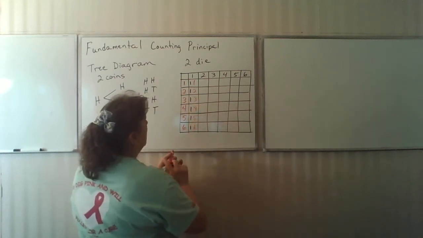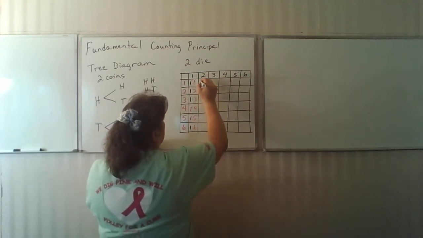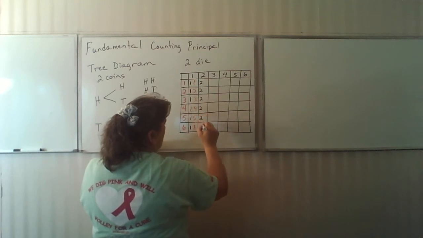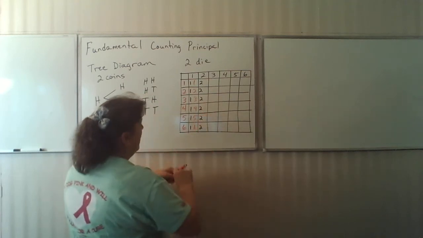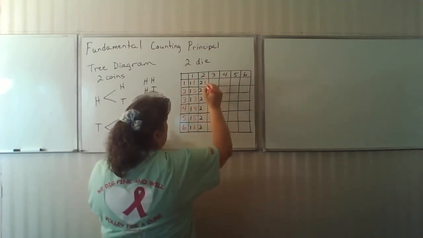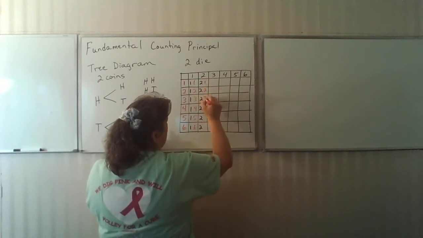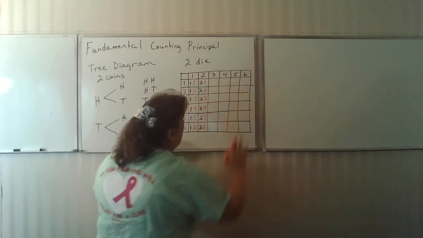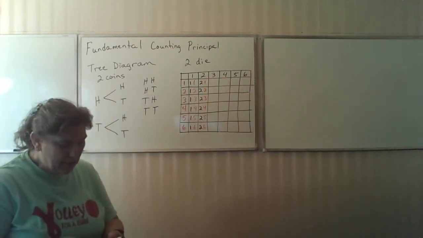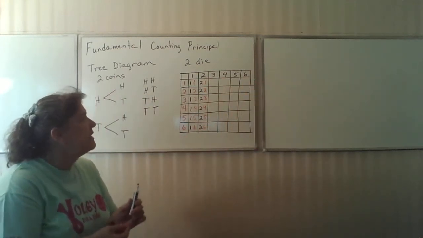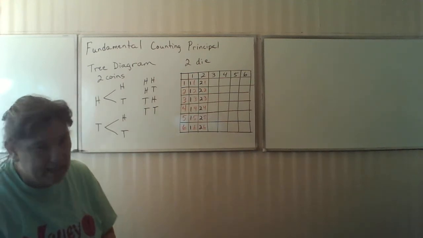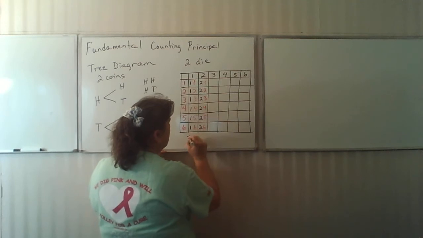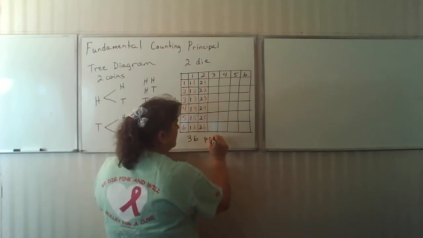Now let's look at the other one. We'd have a 2, and all of these would roll a 2, and so then we'd have the same possibilities here, and it would carry all the way across. If we look at this as a way to get our sample set, we would find that we have 36 possible outcomes in this sample set.